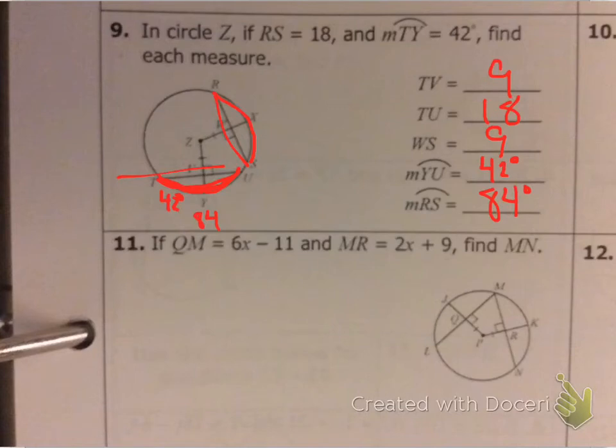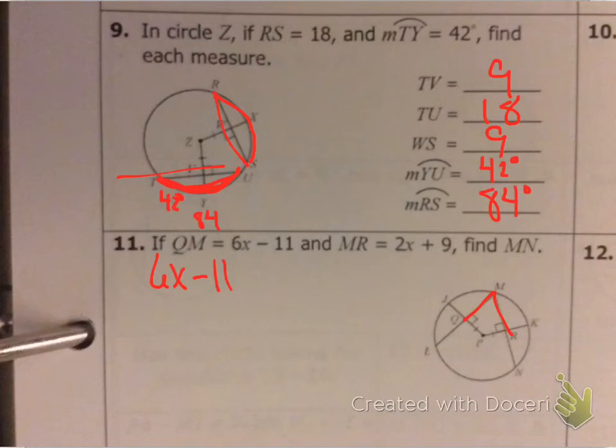All right. And again, do you get something like that, or do you get something simpler like on number 11 where he says, okay, find MN. Find this, but they tell you that MR is 2x plus 9, QM is 6x minus 11. So again, those two have to be equal. Okay, so here, I'll erase this for a second. This is equal to that.